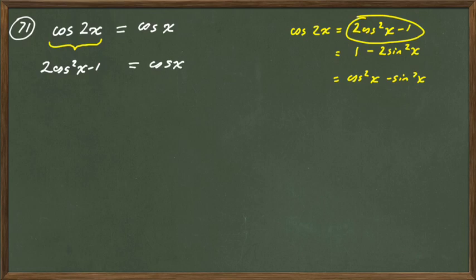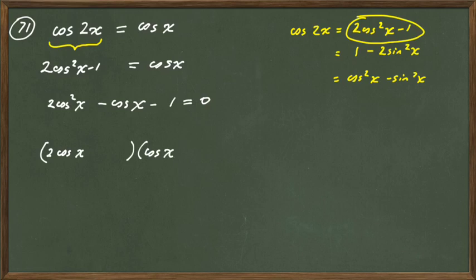This is going to equal cosine. If I subtract the cosine over to make it equal 0, it would be like this. So now I want to factor this trinomial, most likely into the product of two binomials. What's a times c on this one?